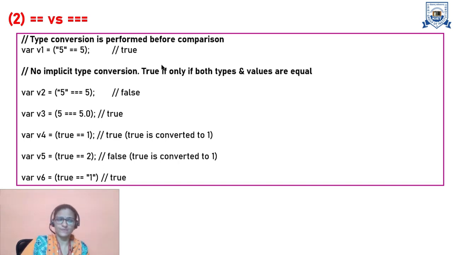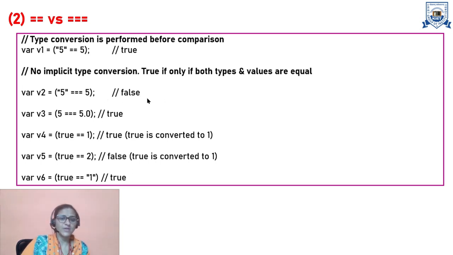The type is made the same before comparison, so the answer will be true. Now in this case, 5 triple equal to 5, it is returning false. Why? Because it is very strict. No implicit type conversion, it doesn't make any conversion.